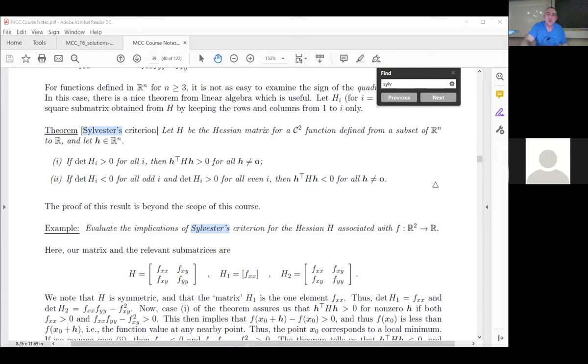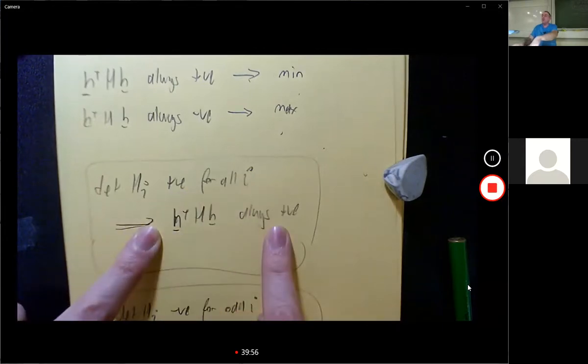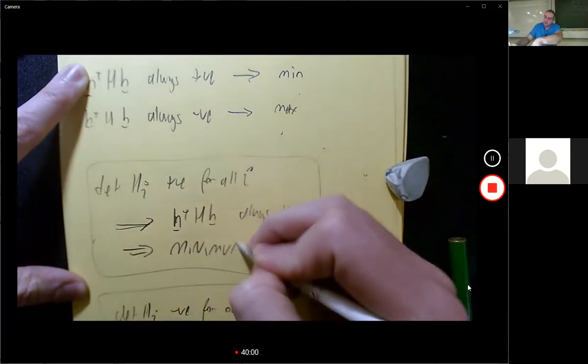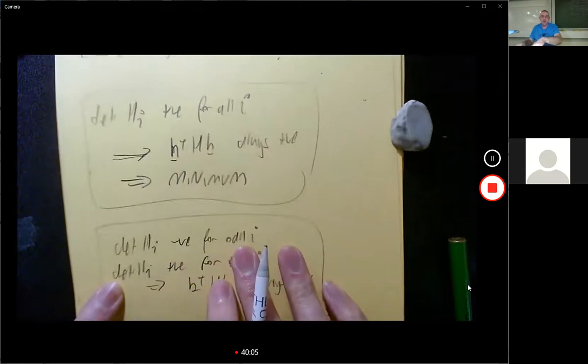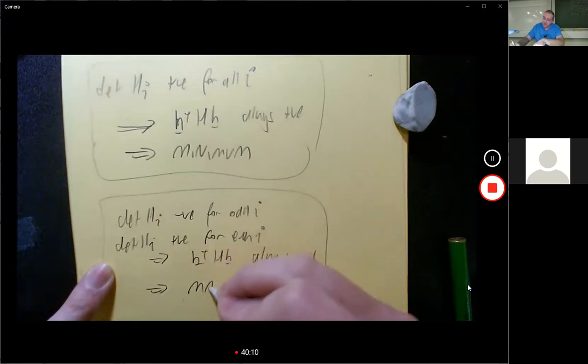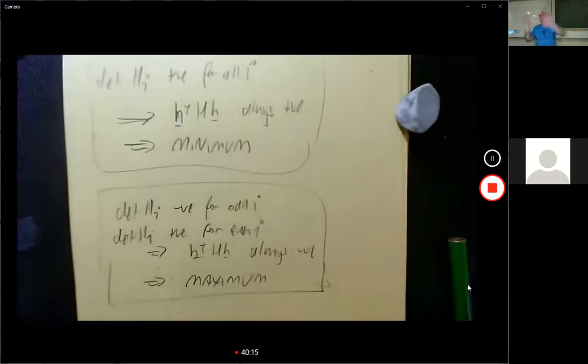You can't see me writing, but that's fine. So this is what I've written. The determinant of H_i is positive for all the i's, and that means that this is always positive. And that says that it's a minimum. And this being negative for odd i and positive for even i means that this is always negative, and that means that this is a maximum. And if neither of those things happen, then it's neither a maximum nor a minimum, and therefore probably some sort of saddle.